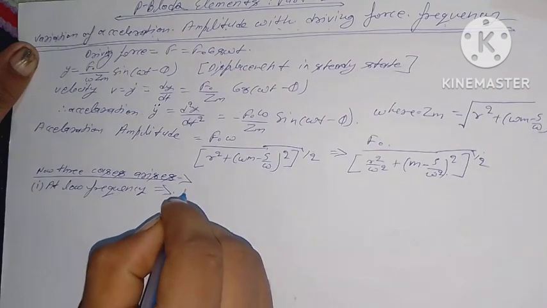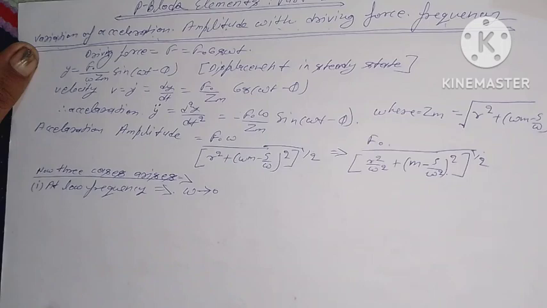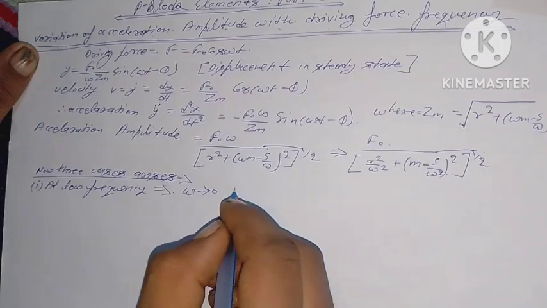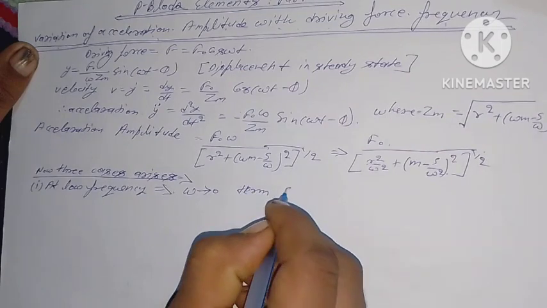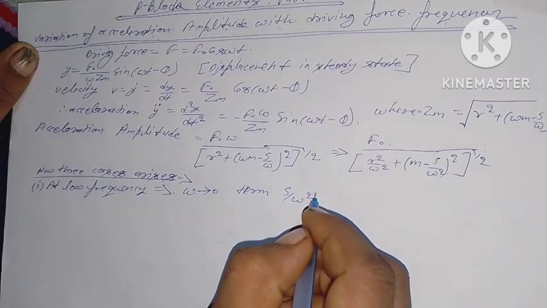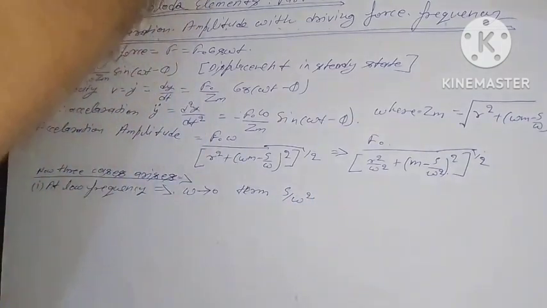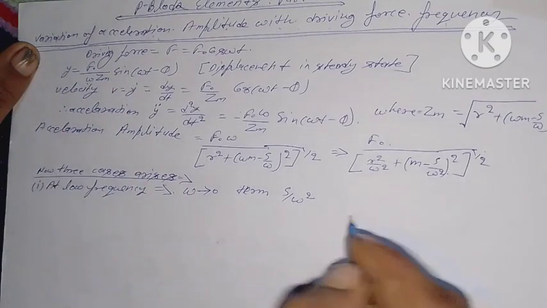At low frequency, omega tends to 0. Therefore the term s by omega square dominates, provided r is small.